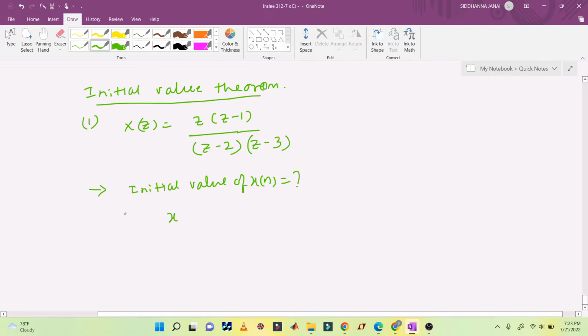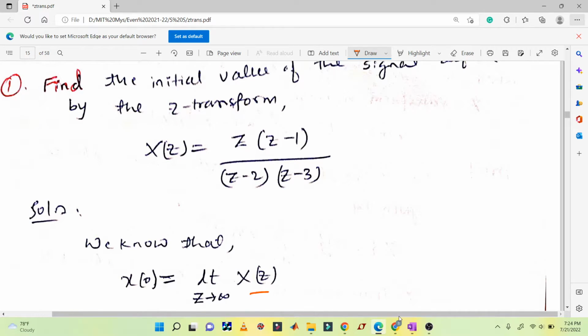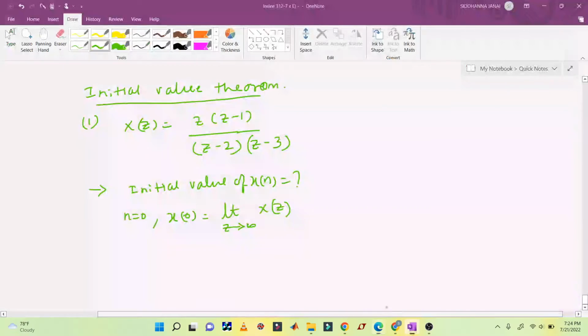Initial value always occurs at n is equal to 0. X of 0 is the limit as z tends to infinity of x of z. This is the initial value equation you can see here. Now, we already know what x of z is, correct? It is given here.